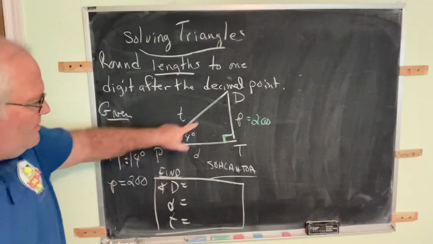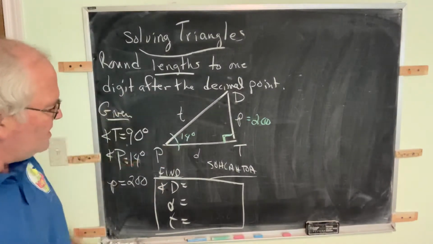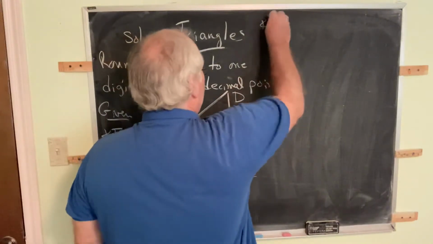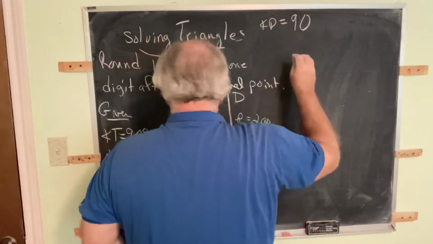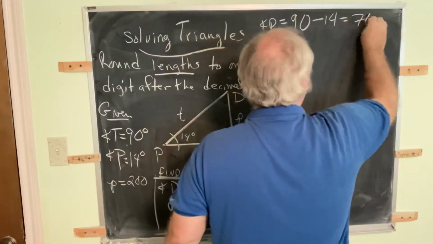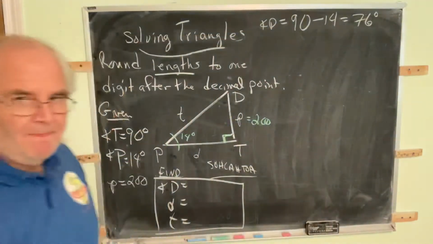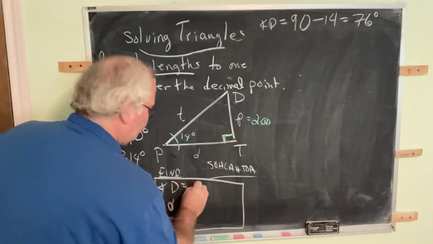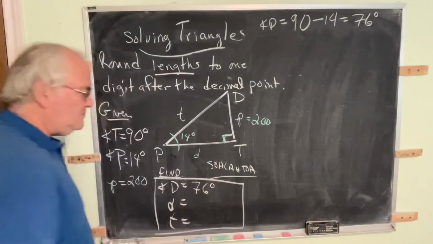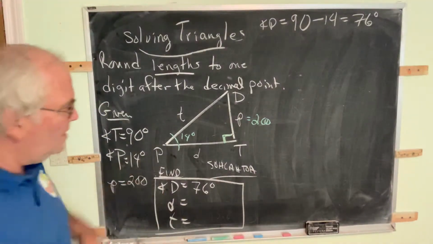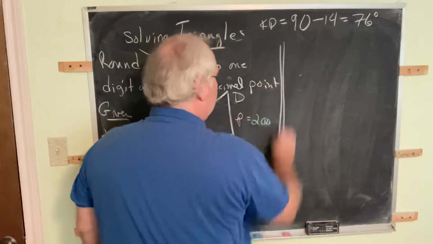These 2 angles must add to 90. So my solution says angle D is 90 minus 14, which is 76 degrees. So we're 1/3 done. It doesn't matter what order, so I'm going to go with D.